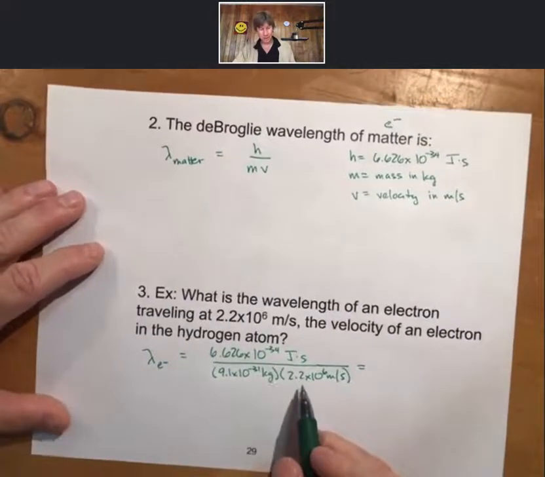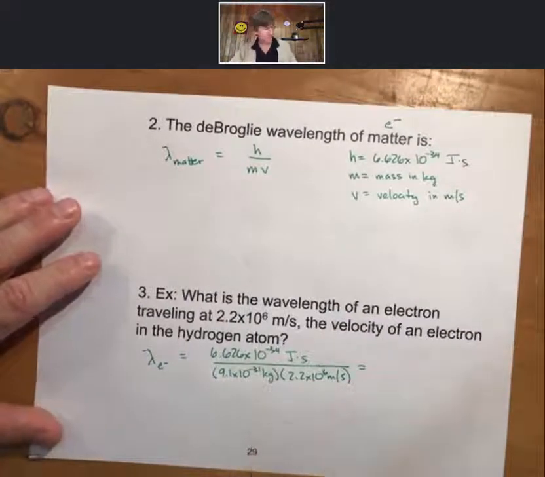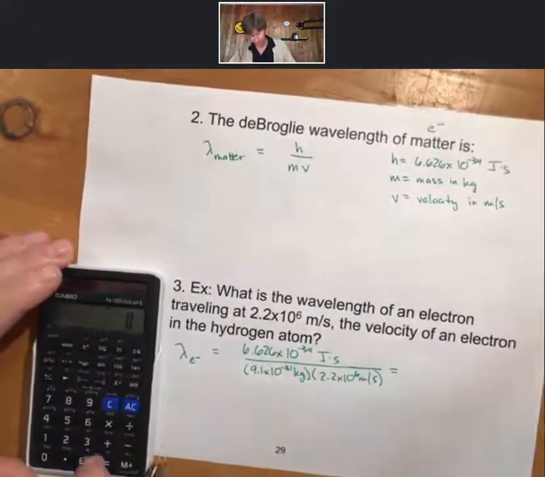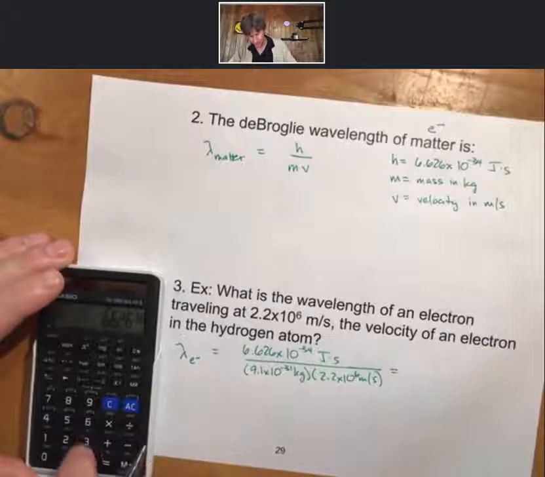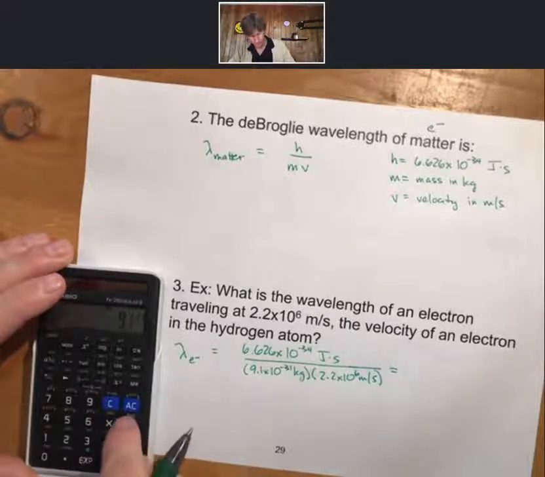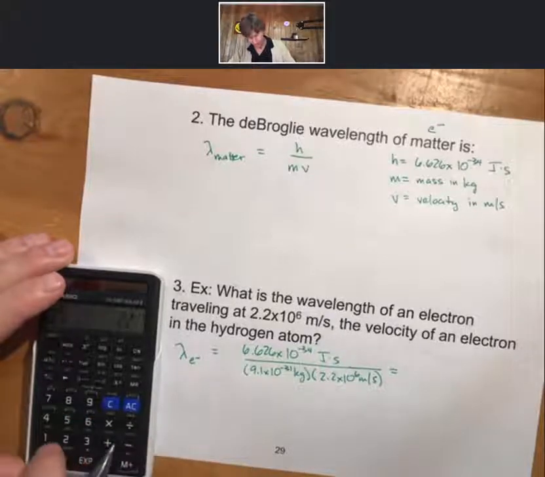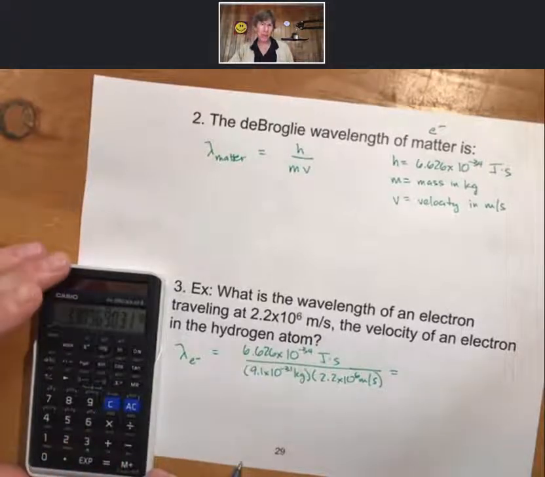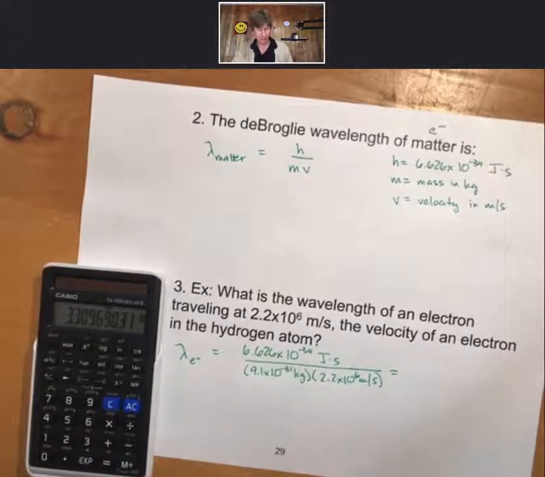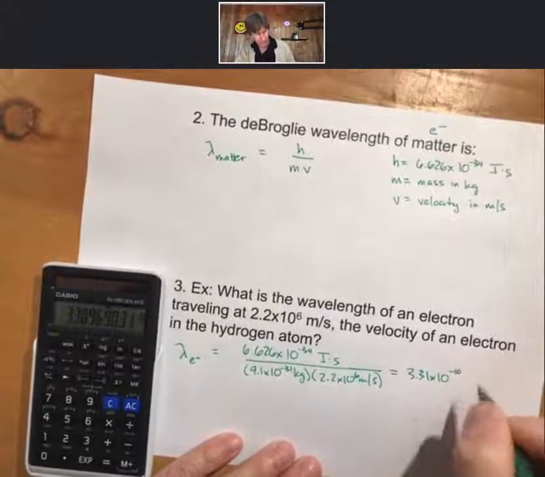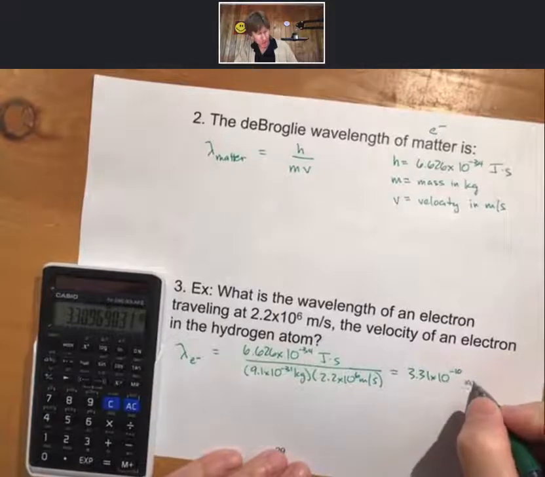The speed that we've been given for the electron, type this in. I get 3.31 times 10 to the minus 10, and these are units of meters.